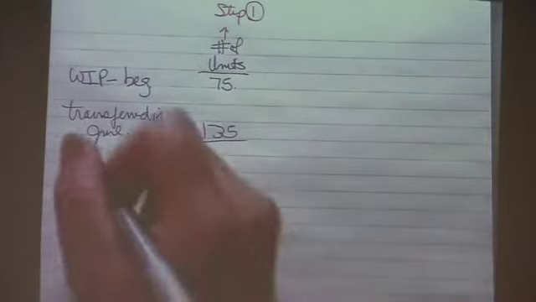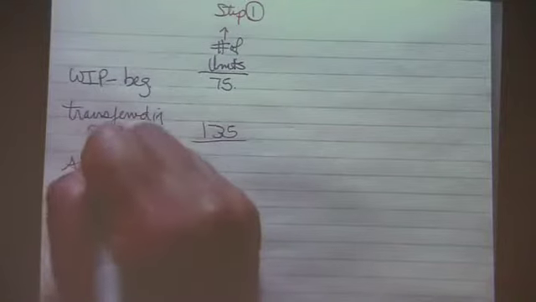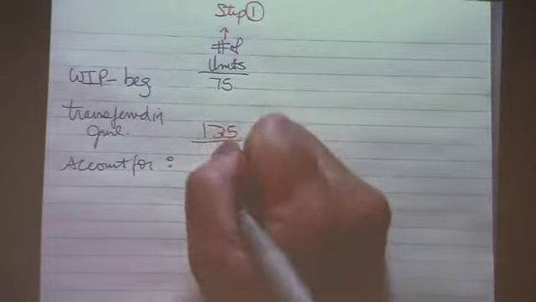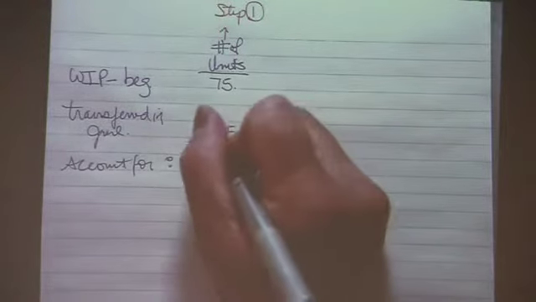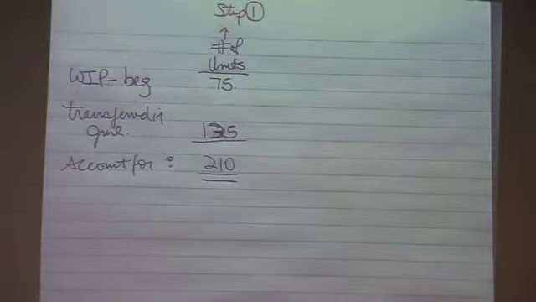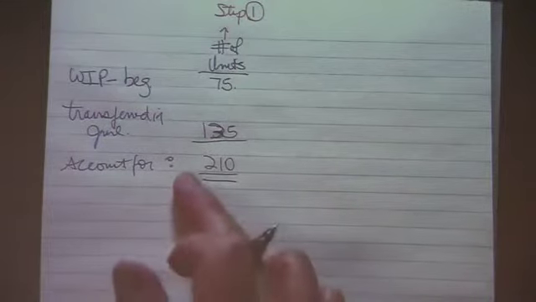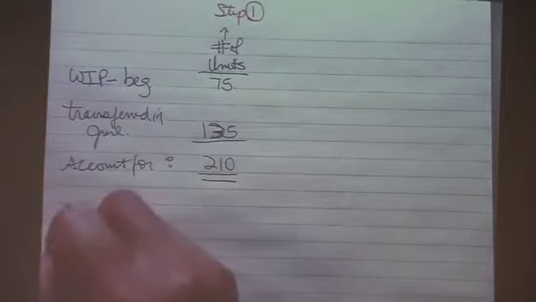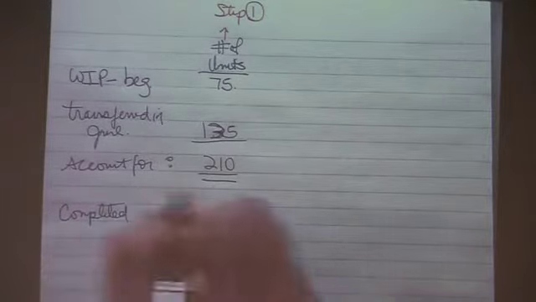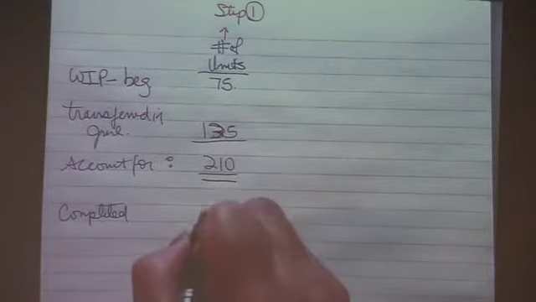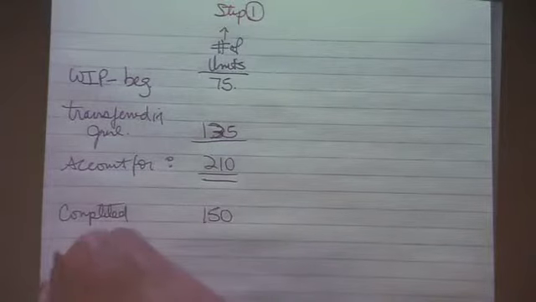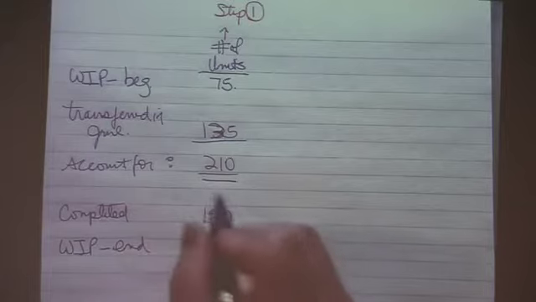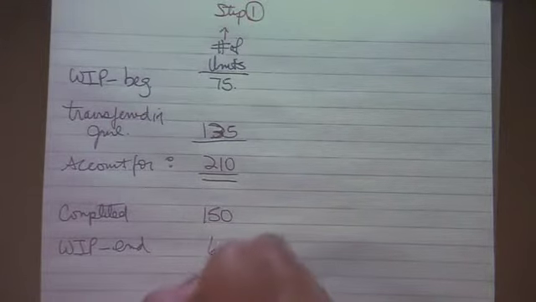So how many units do we need to account for? We need to account for 210 units. Now, of the 210, how many were completed? Completed is 150. That means that we have work in progress ending, the difference between the two, which is 60.